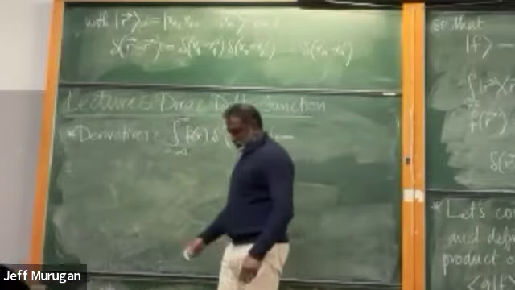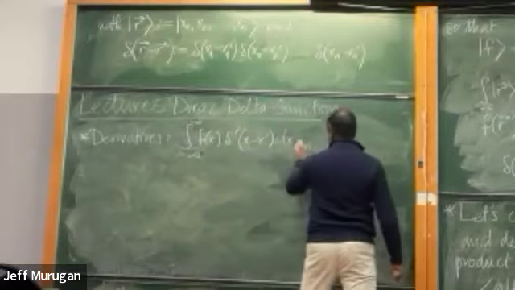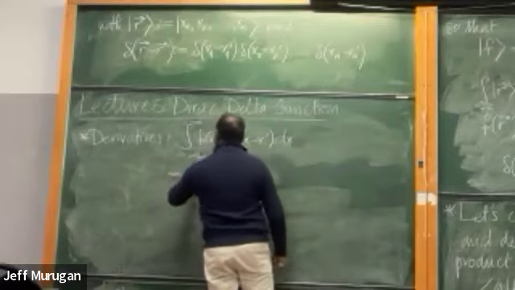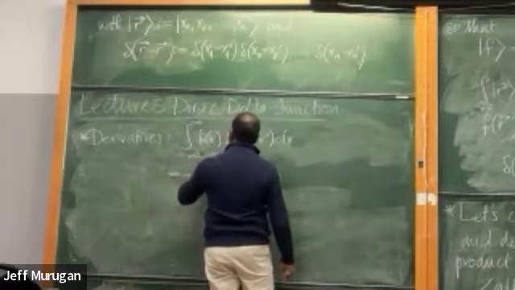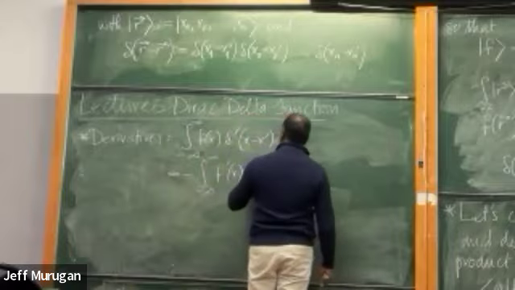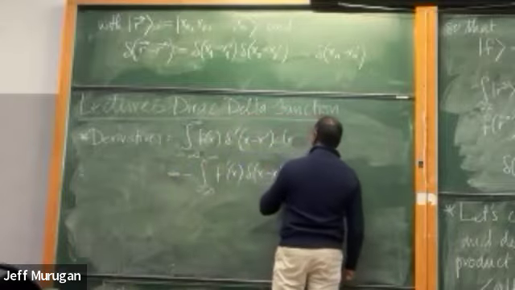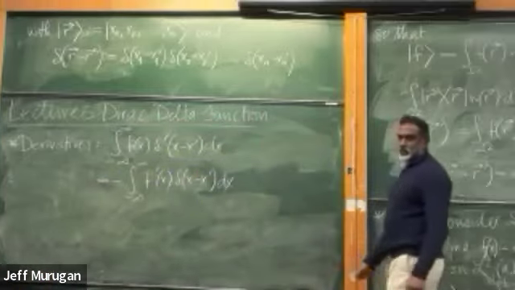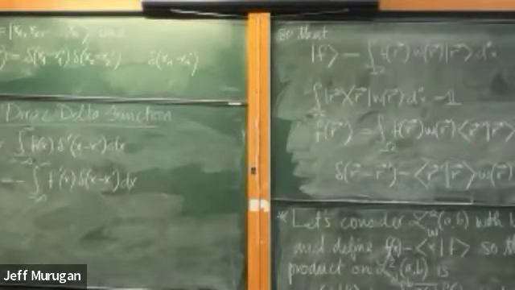is minus the integral of f prime of x delta of x minus x prime. And now I have a conventional Dirac delta function acting under the integral.